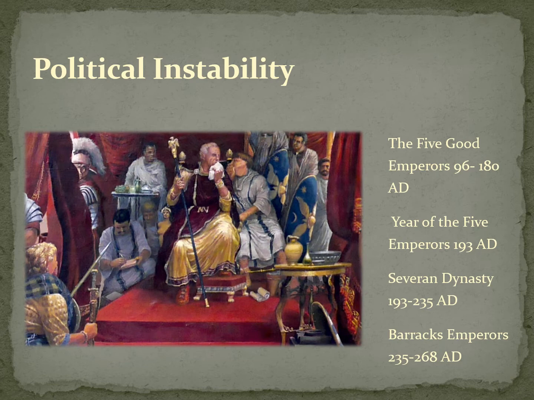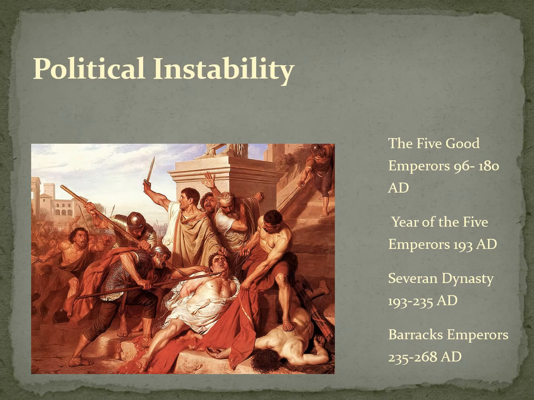Under the barracks emperors, the army got even more unruly. There was really a lack of discipline. Their loyalty was more to their unit than it was to the empire. Regionalism increased. The soldiers from one part of the empire didn't necessarily like the soldiers from the other part of the empire. And increasingly, the soldiers became like a separate caste.